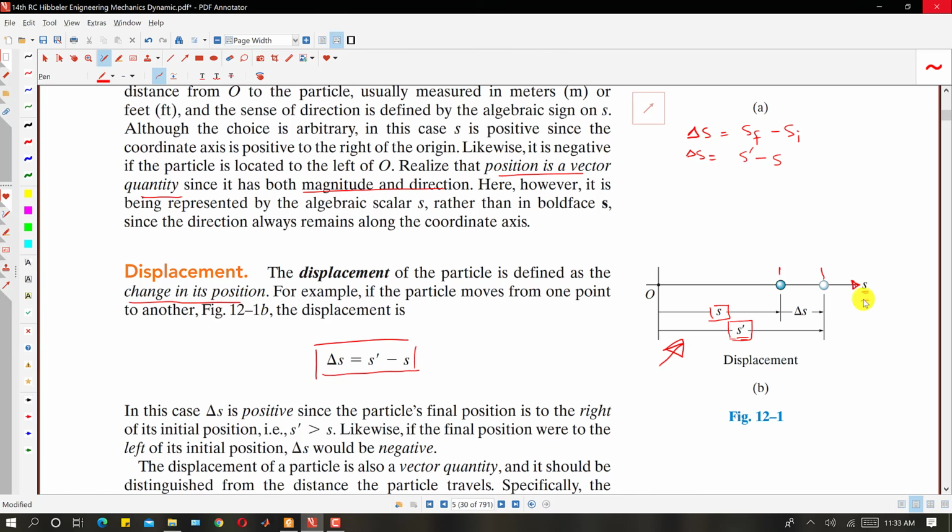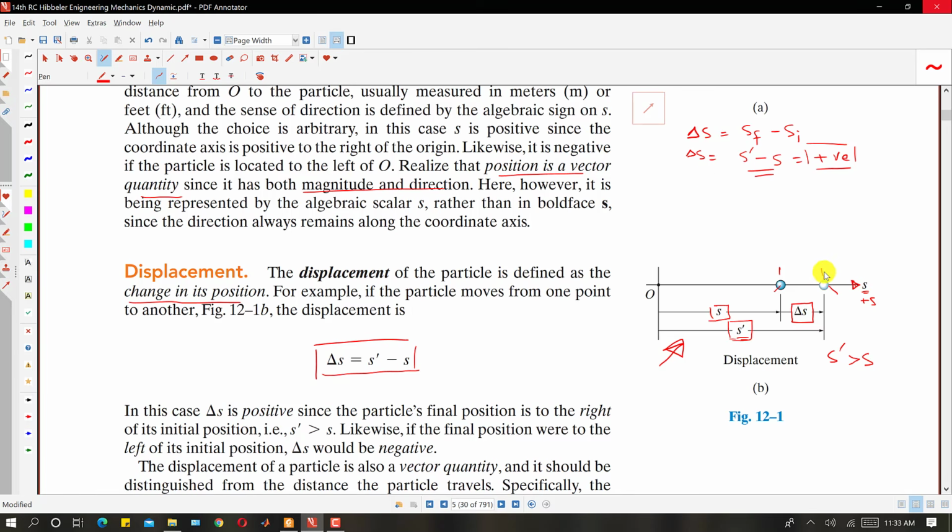So if this is the initial position and this is the final position, then S dash is greater than S. So if S dash is greater than S, this difference will be positive, which means that the displacement is positive.